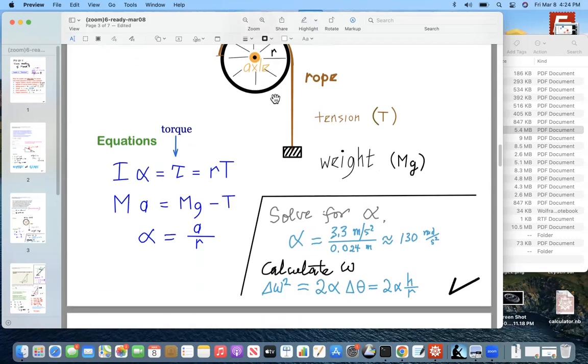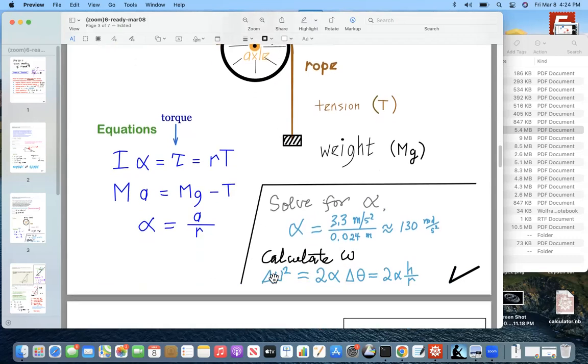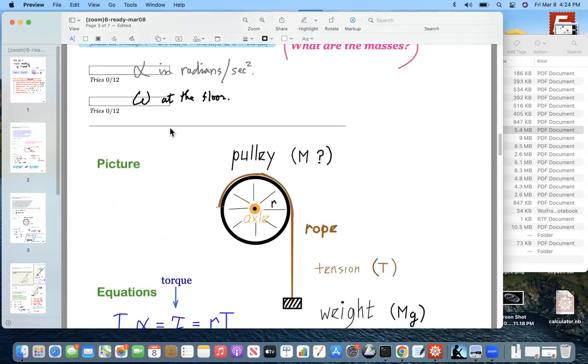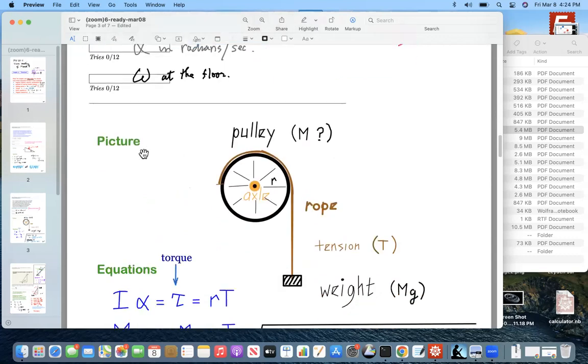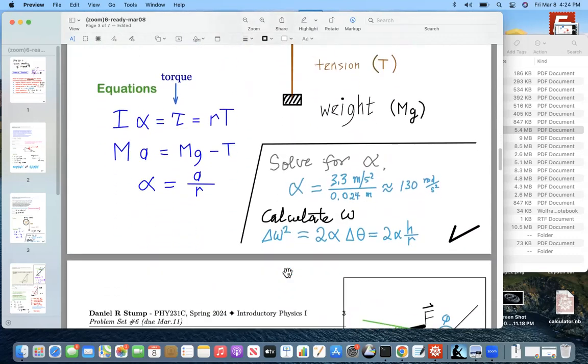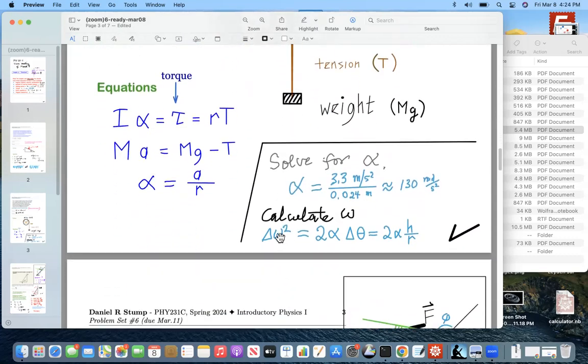So by the radian measure of angle, delta theta is h over r. Now, I'm supposed to calculate omega at the floor, so I have to take the square root of this. Omega starts at 0, and then it increases up to some value omega, which will be just the square root of delta omega squared, the square root of 2 alpha h over r.